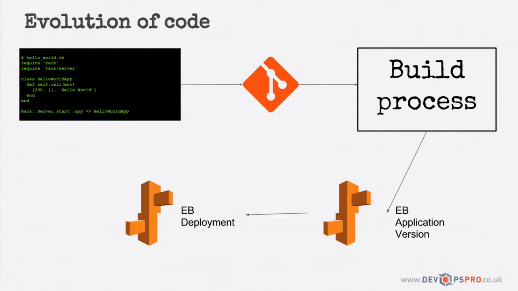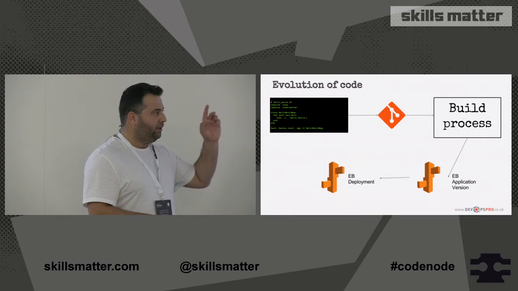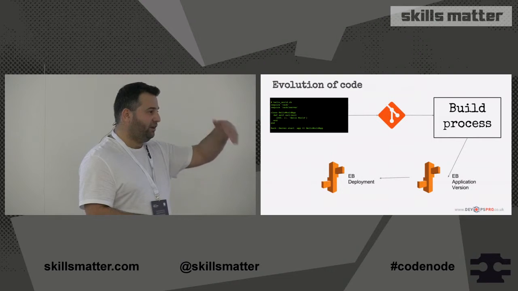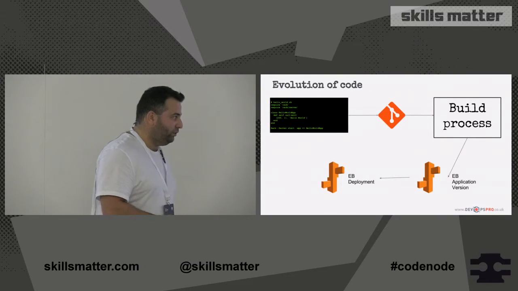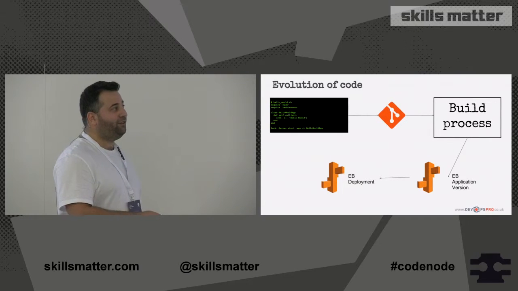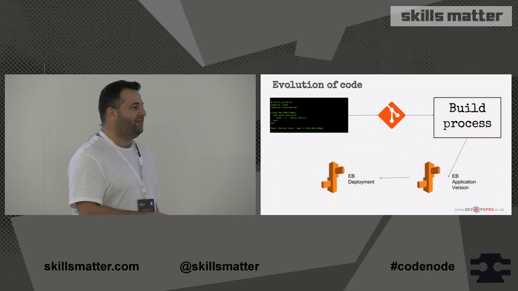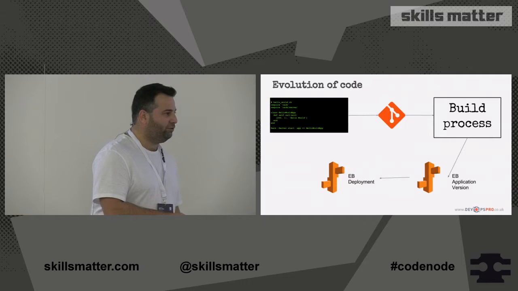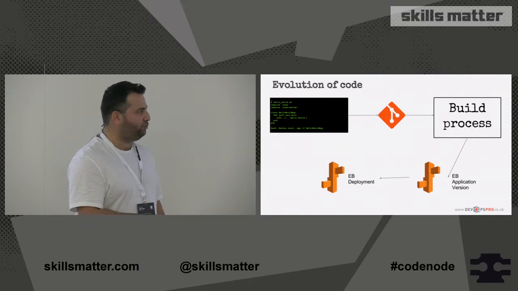Afterwards, we create an Elastic Beanstalk application version, which basically means one file, and just take it from S3. That's it. Afterwards, we initiate the deployment, which can be done automatically or manually. If you don't have tests usually, and you don't want to deploy your application right away, usually you do the checks on a different environment, and only then you move it into production, so the deployment is done manually or with one button click.